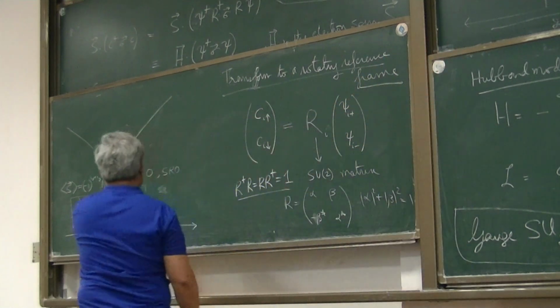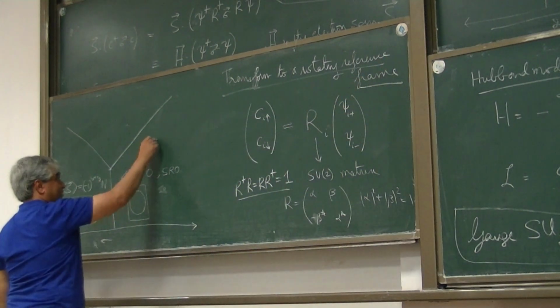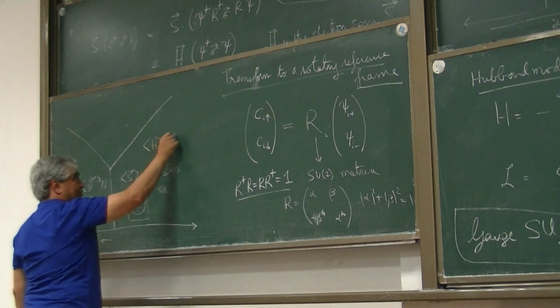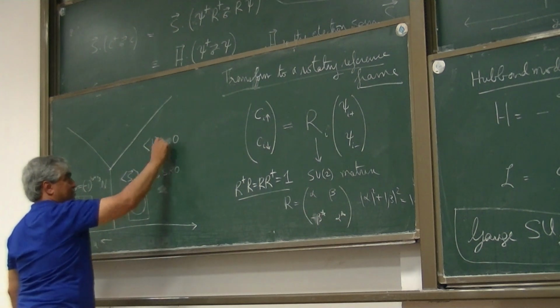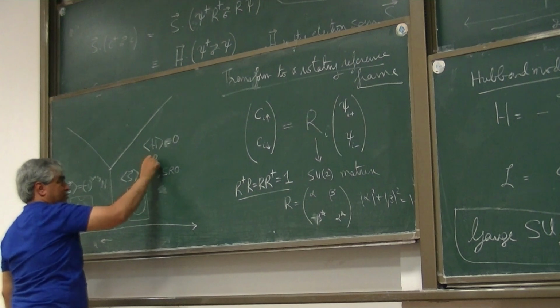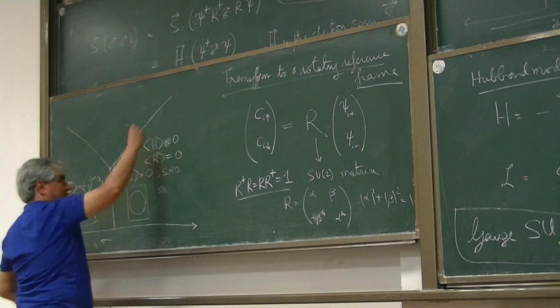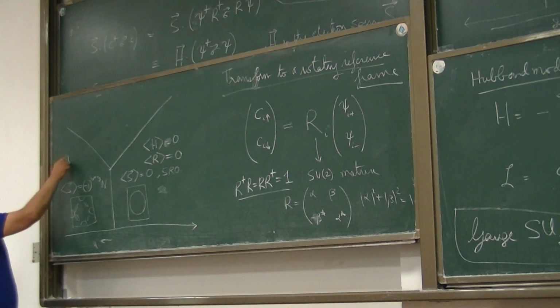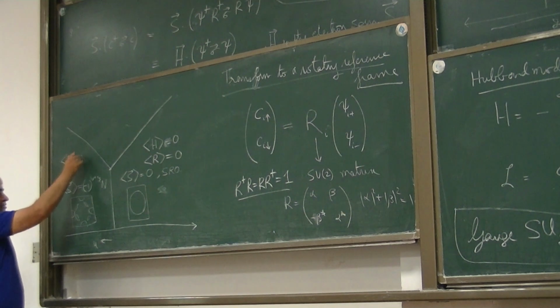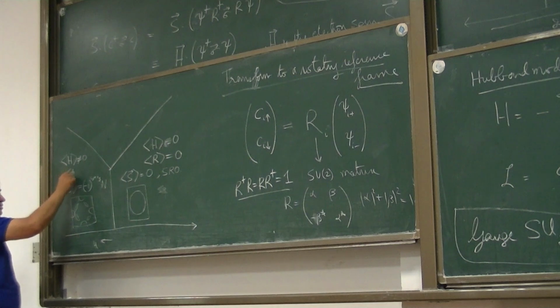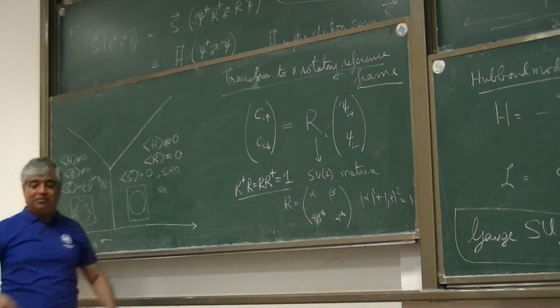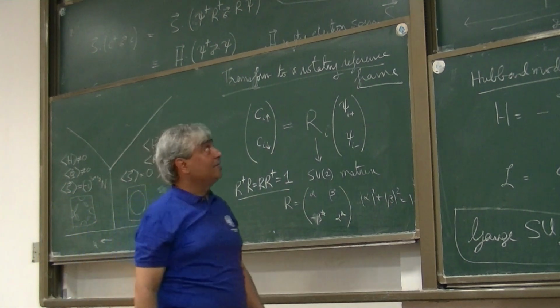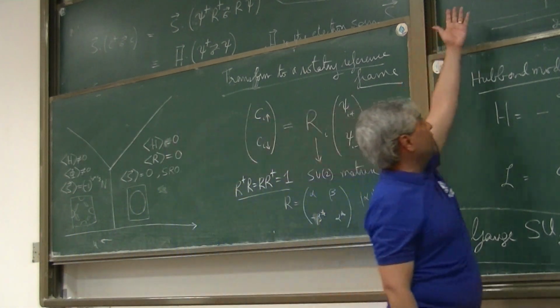So in the short range ordered phase, the Higgs field is fluctuating all over the map. So it's 0. And so is the rotation matrix. It's going all over. And here they're both rigid. Here the Higgs field is non-zero. And this is also non-zero, so you have long range order. You don't need to transform into a rotating reference frame. R is the same. And this is exactly like what happened here and here.